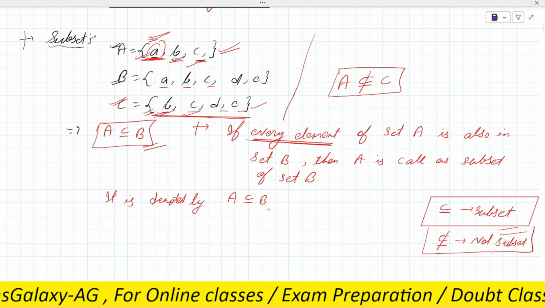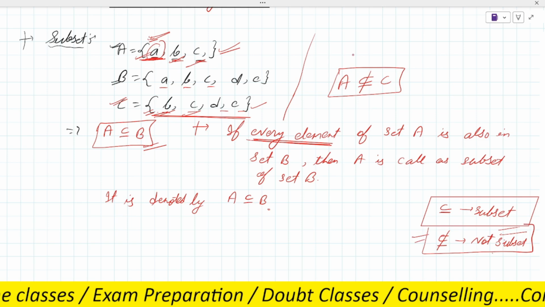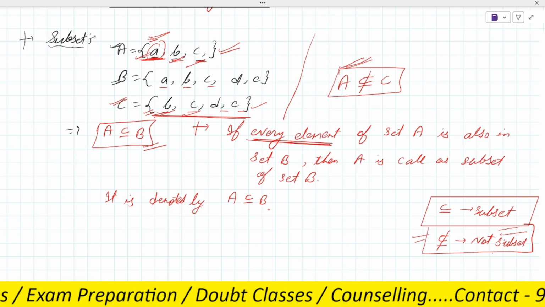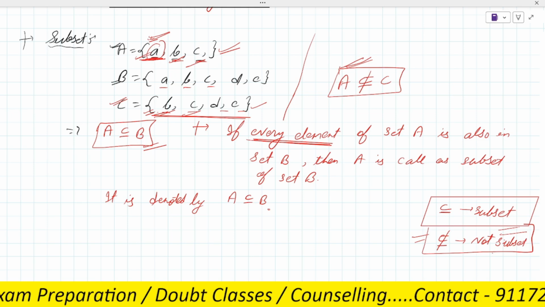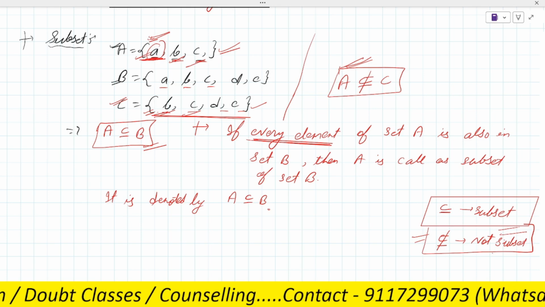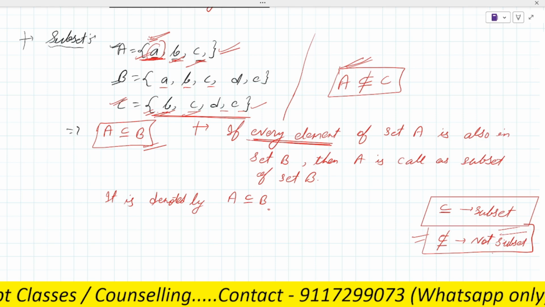So this is not subset, and here A is not the subset of set C. This is the concept of subset. If you want to note it down, please note it down.